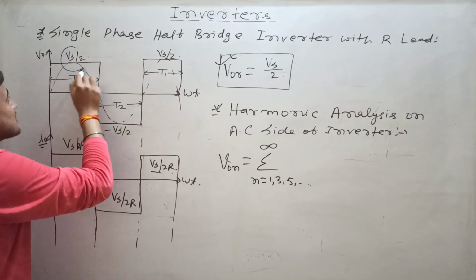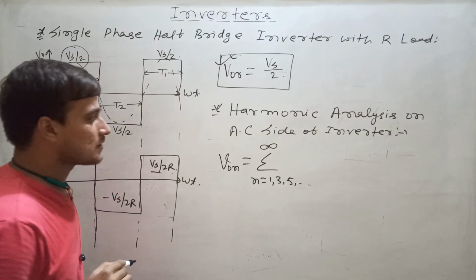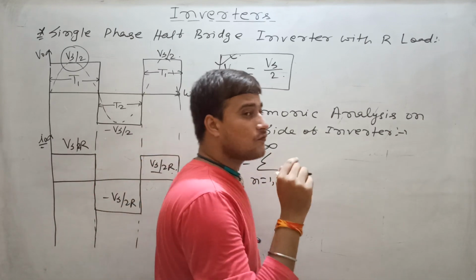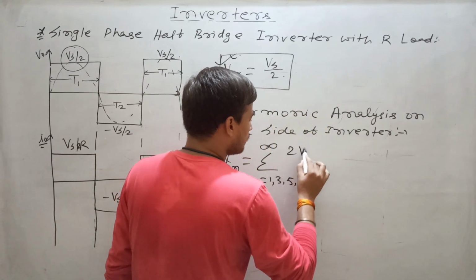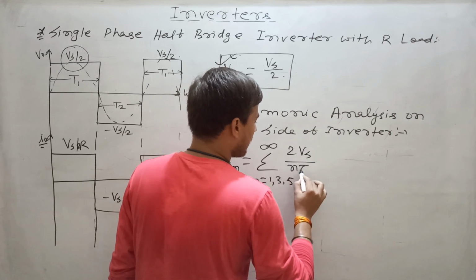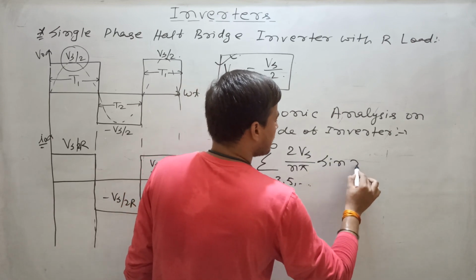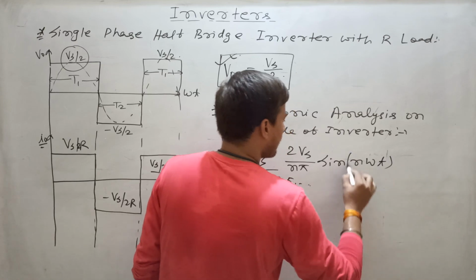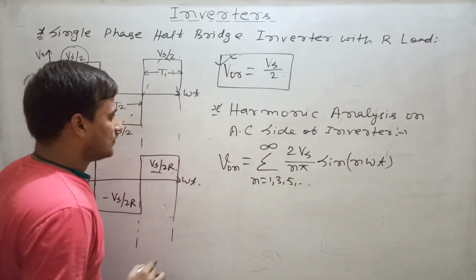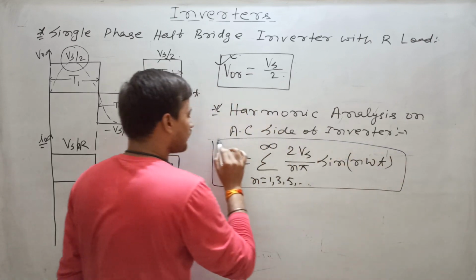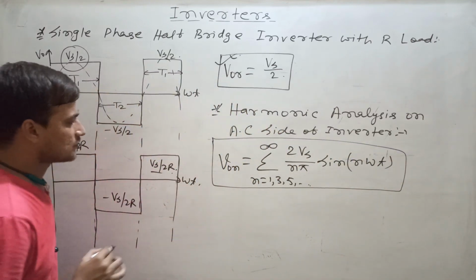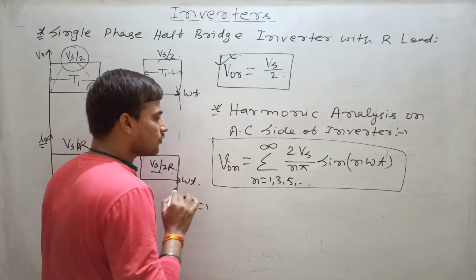Here it is Vs by 2, not Vs. So 4 into Vs by 2 becomes 2Vs. So here we will write 2Vs divided by n pi sine n omega t. This is the Fourier series expression for all the square waveforms. Clear?